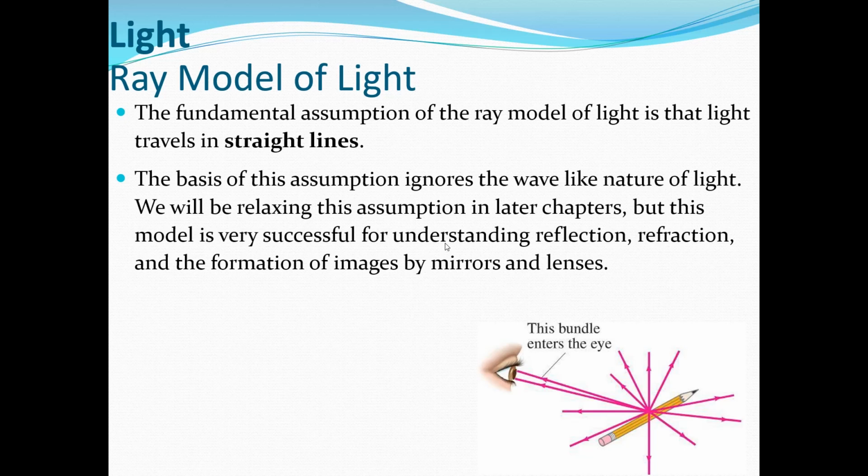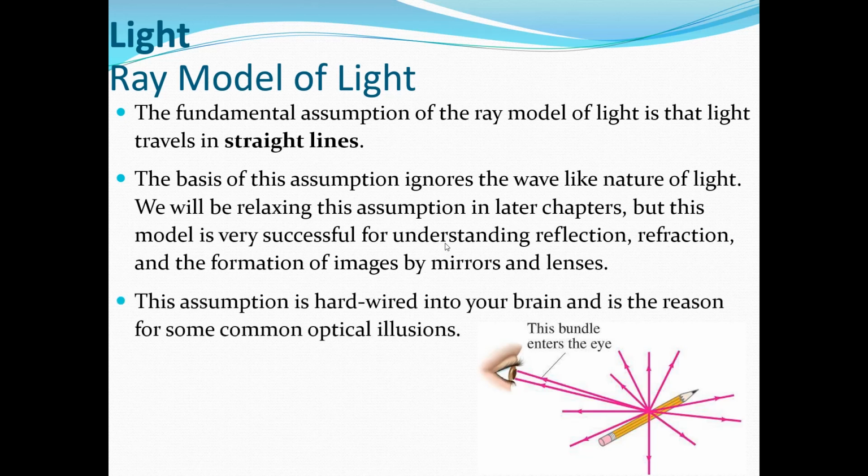This assumption is basically ignoring that, and light actually does kind of curve. But as I said before, a lot of this is based on the fact that that's how our eyes perceive light. Our eyes perceive light as moving in straight lines, and this is the reason why we end up getting optical illusions: light doesn't always travel in a straight line, but our eyes believe it does.